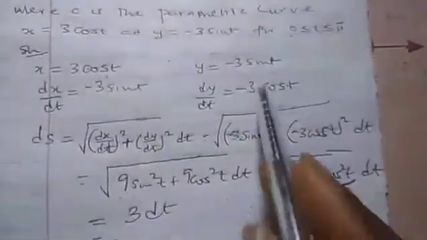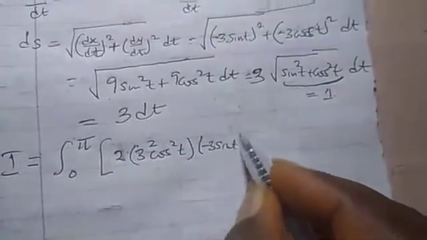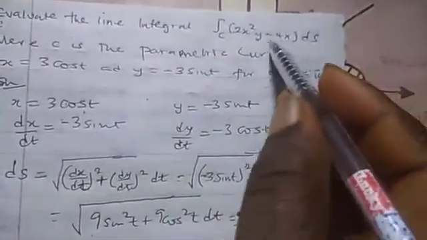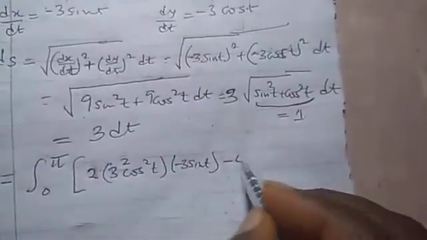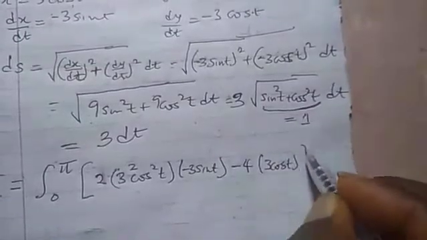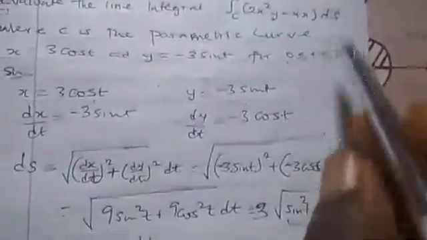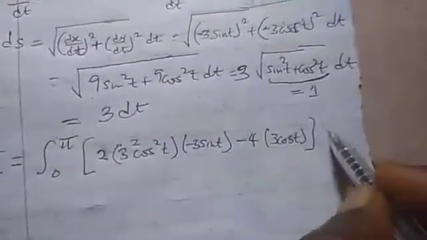And then y, this is our y here, minus 3 sin t, minus 4x, minus 4. This is our x, that is 3 cos t, then ds. This is our ds here, 3 dt.